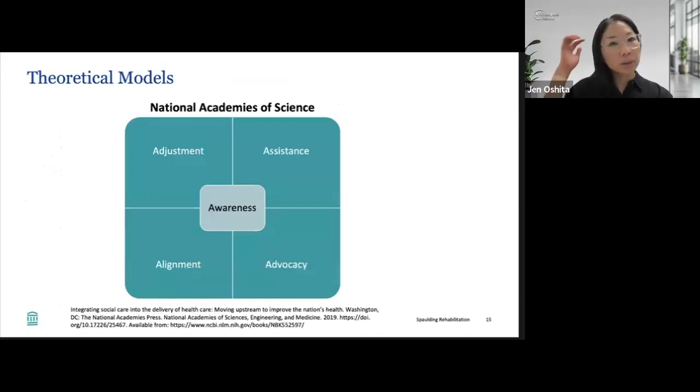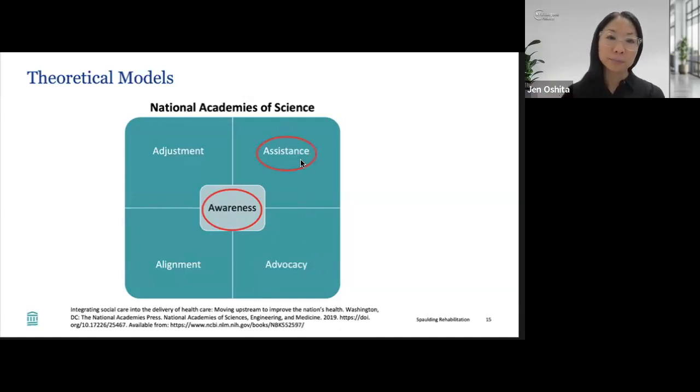In theoretical models, topic-wise on the content of social needs, we use the National Academies of Science 5A's model. The goals of the screening are, one, to build a systematic awareness of patients entering the rehab setting with social needs, and that should then result in assistance.